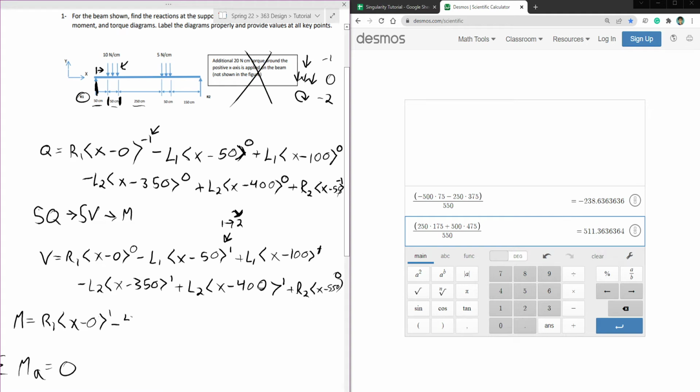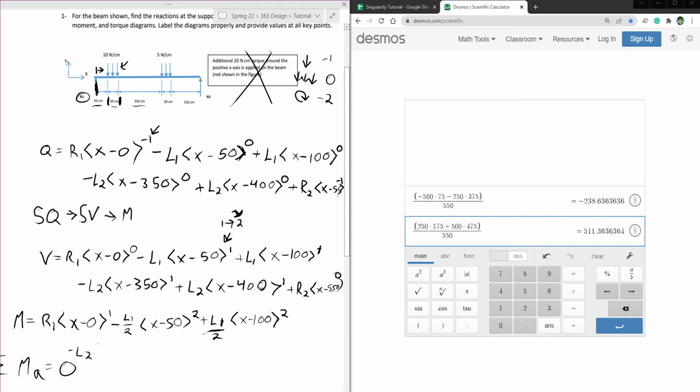So we have negative L1 divided by 2, x minus 50 squared plus L1, x minus 100 squared. Oops, squared, so I gotta divide by 2. It's very easy to forget those.